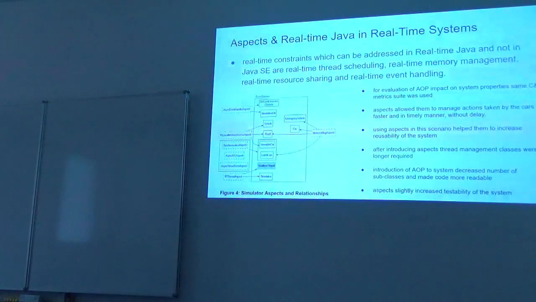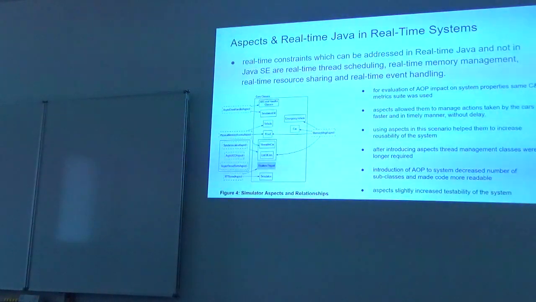They couldn't use plain Java because it was basically unsuitable. The real-time Java software development kit addresses additional real-time constraints, or the real-time cross-cutting concerns, which are not addressed in the plain Java software development kit.